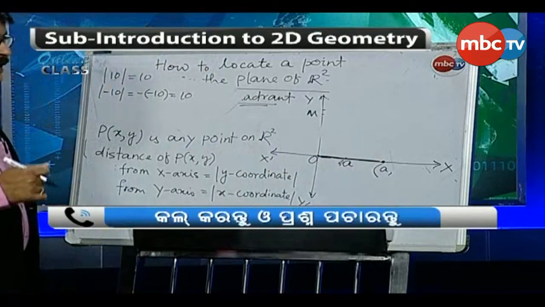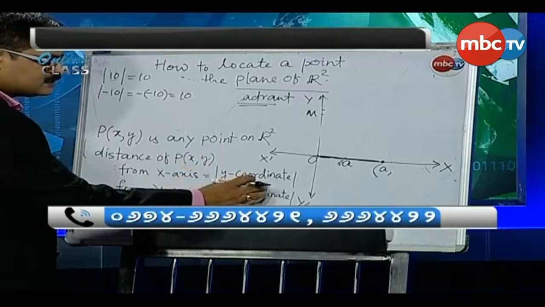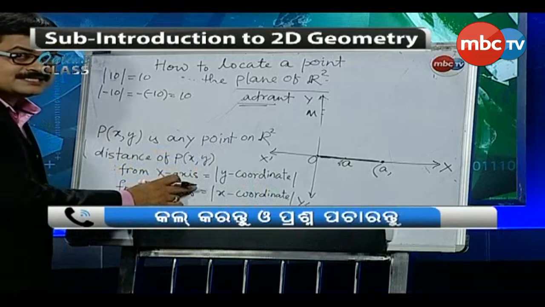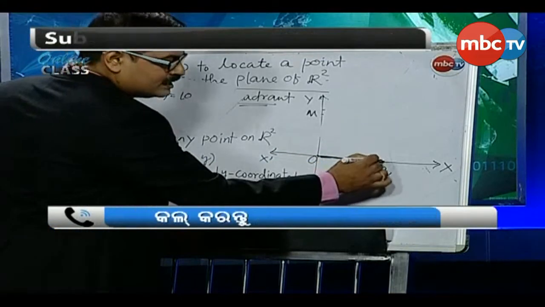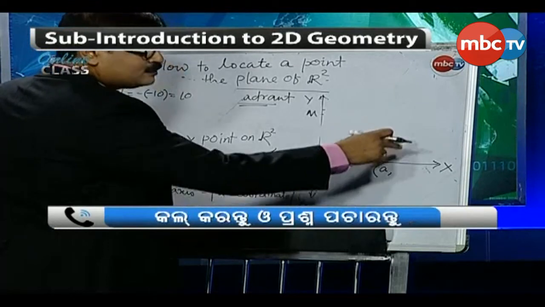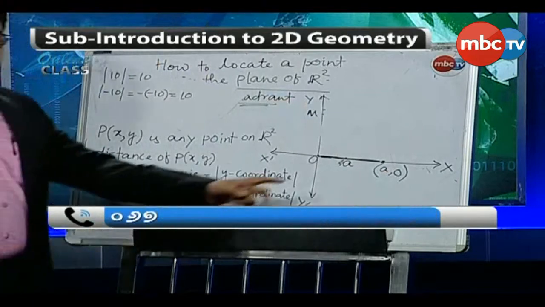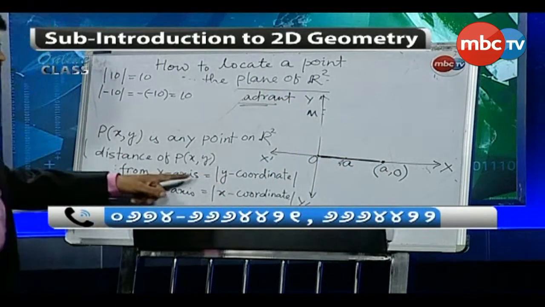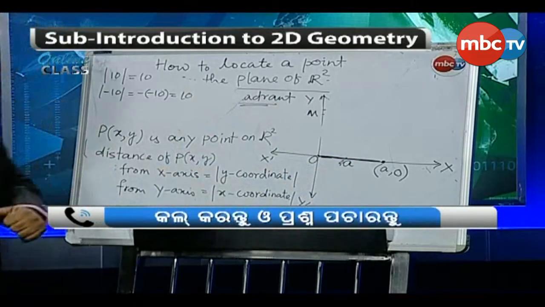And what about the y coordinate? We know the modulus of the y coordinate is the distance of the point from the x axis. As the point is on the x axis, its distance from the x axis will be 0. Distance from the x axis is 0 means the modulus of the y coordinate is 0, that means y is 0.